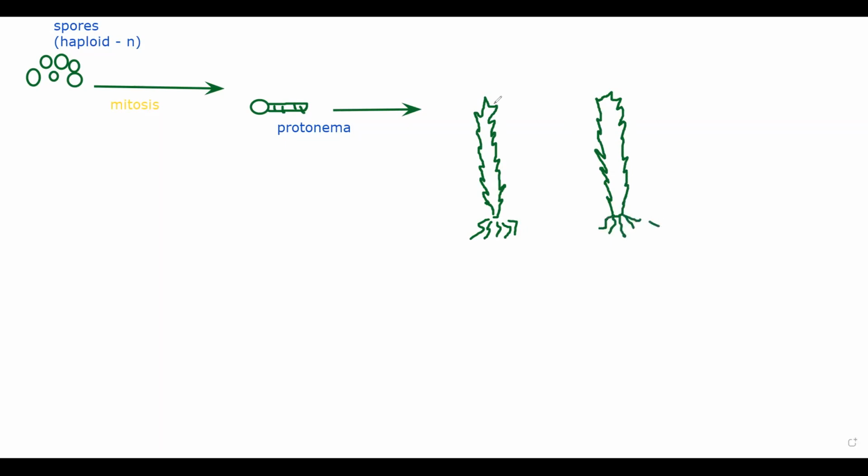So for the male, we have antheridia housing the sperm, and for the female gametophyte, we have archegonia housing the eggs.